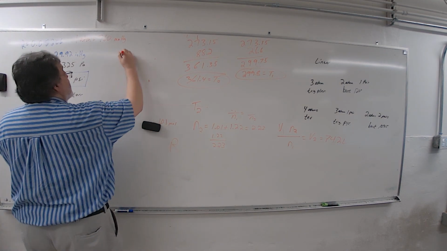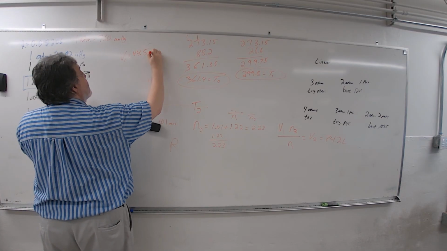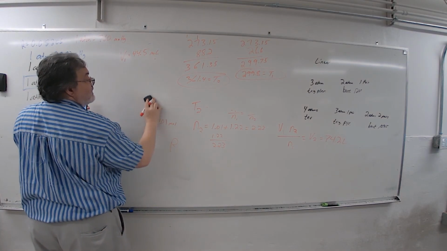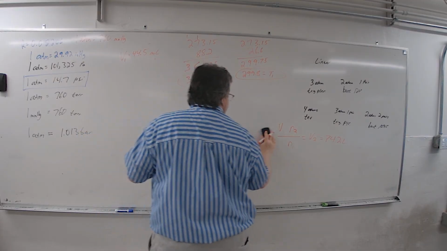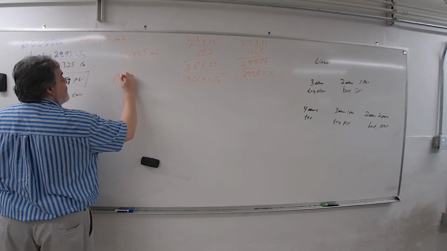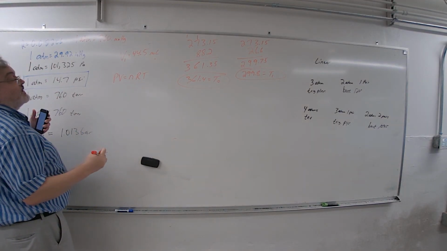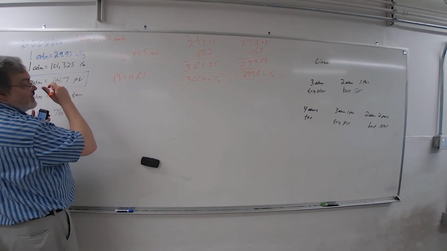We have V1. In this case, we want volume and temperature on the left and everything else on the right.